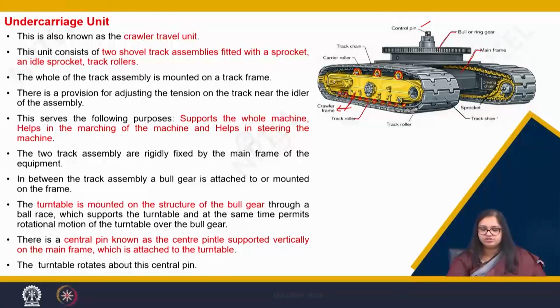These are the track shoes, and these track shoes are connected by pins, below which the sprocket arrangement moves, the chain moves, tying these track shoes together. There is a tension adjustment unit which helps in the tensioning of the sprockets, which keeps the track shoes always at a certain amount of tension without loosening.